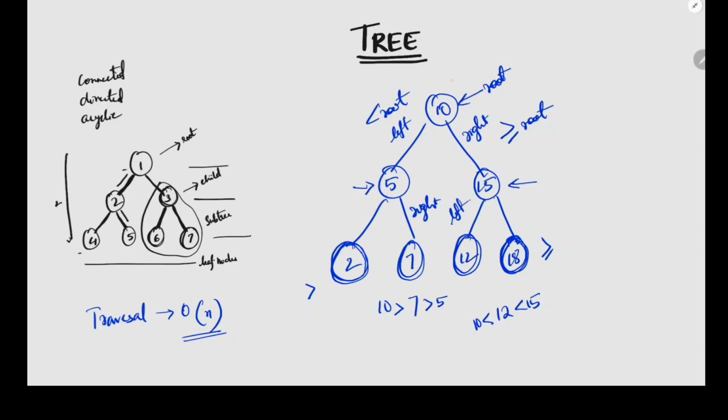I'll start with the root node and compare if 10 is equal to 2. No. So I'll check whether 10 is lesser than 2 or greater than 2. 10 is greater than 2, so I immediately know that all the values which are less than 10 will be stored in the left subtree. So I can ignore this entire right subtree and start searching just in the left subtree.